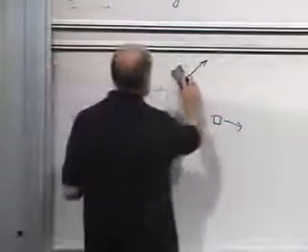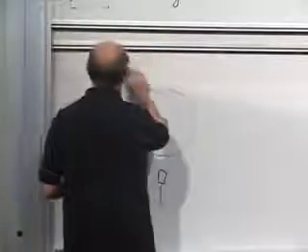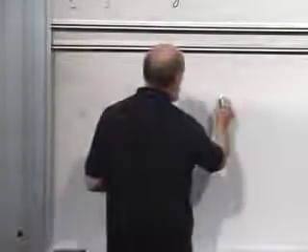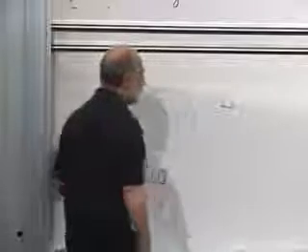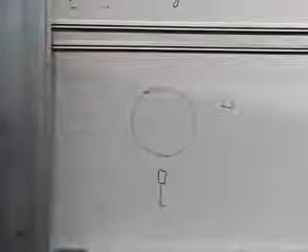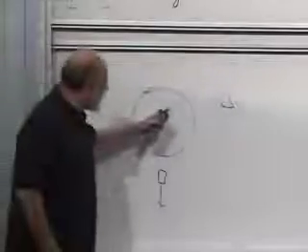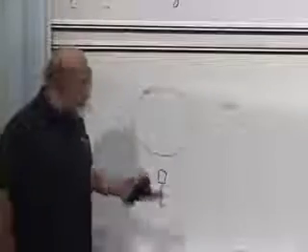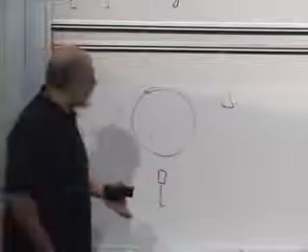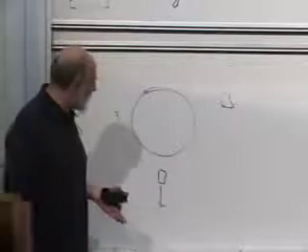What about somebody falling over here? Can somebody falling over here, just in free fall, tell the difference between falling and being in an elevator, so to speak, or being uniformly accelerated?